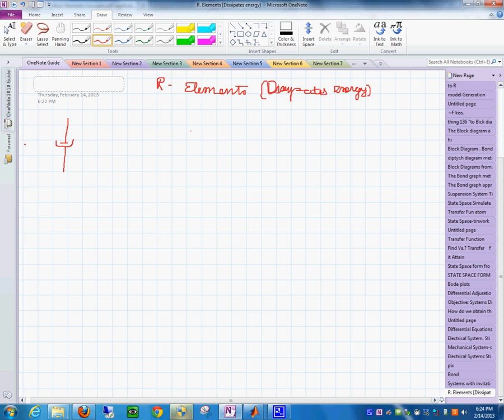We can have an element like this, which is an electrical one. And do you remember how the element on a hydraulic system is? On a hydraulic system, you have a valve in here. This would be a resistive element.